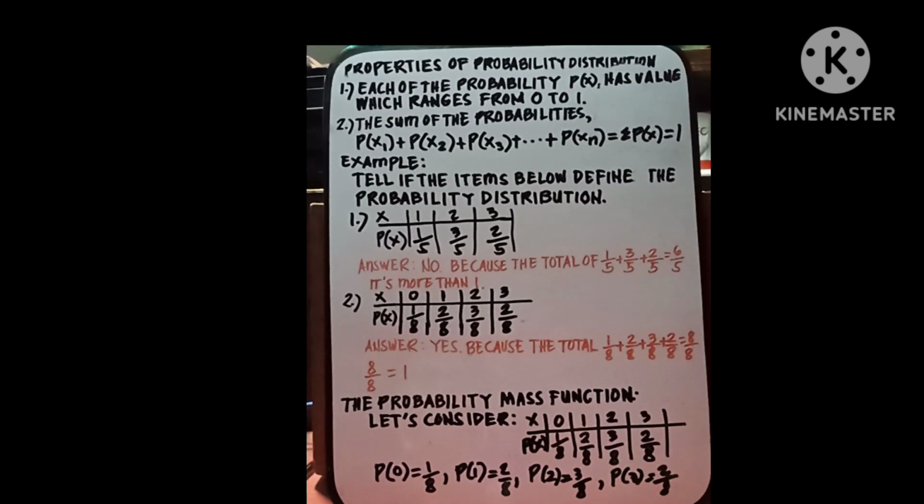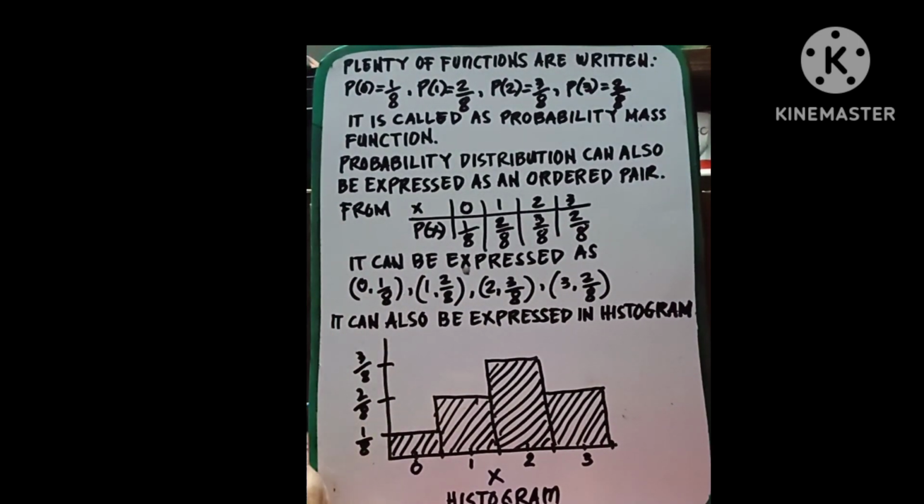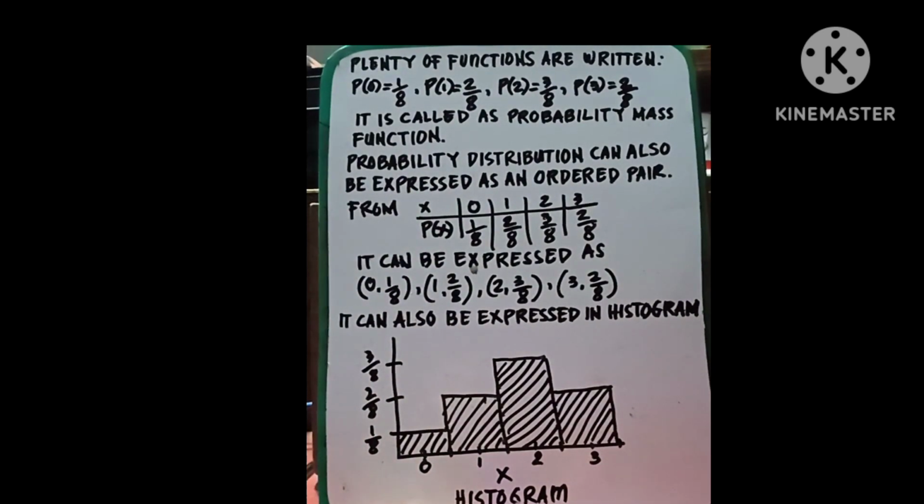Another way of expressing the probability distribution is with the functions written out: P of 0 equals 1/8, P of 1 equals 2/8, P of 2 is 3/8, and P of 3 is 2/8. It is called a probability mass function.